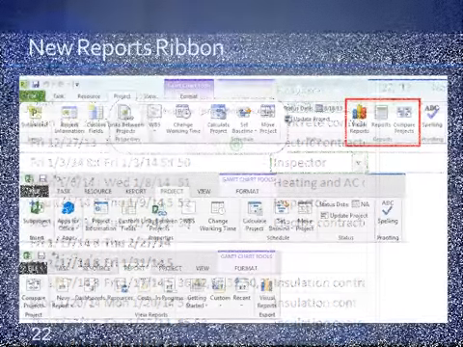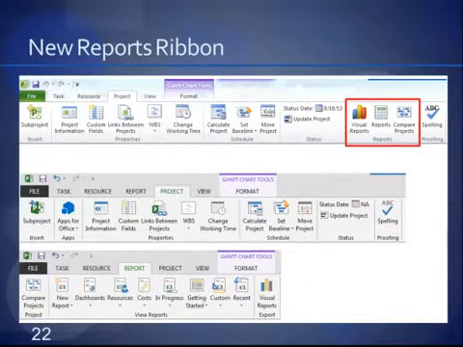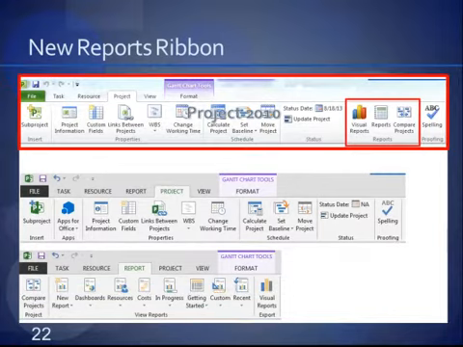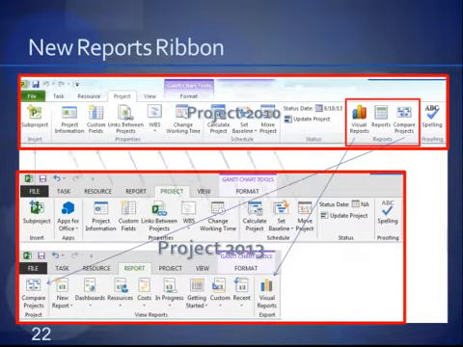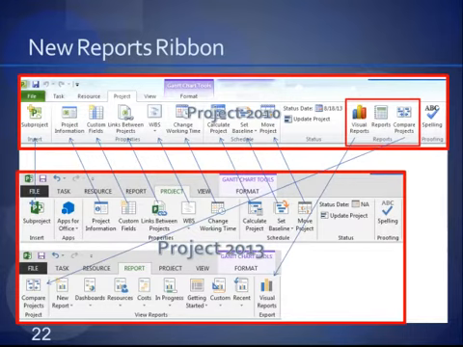And now for what is really probably the major change for the desktop user in Project 2013 is the new Report Ribbon tab. As you can see here, there is a new tab in this screen. It shows the Project 2010 ribbon tab on the top and Project 2013 in the bottom. And as you can see, all of the icons for 2013 map to the 2010 ribbon.